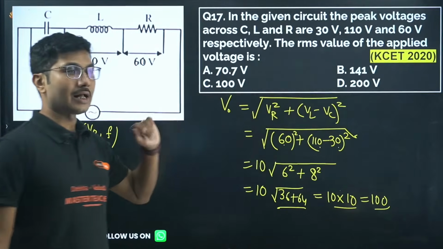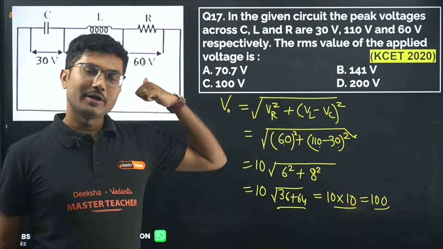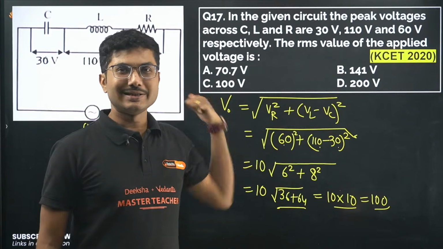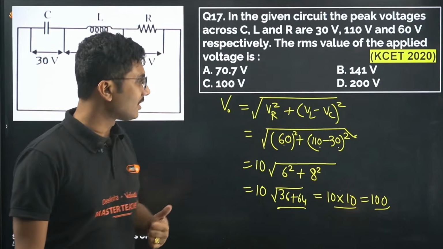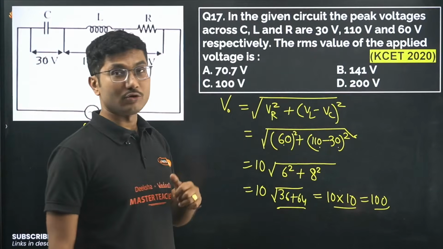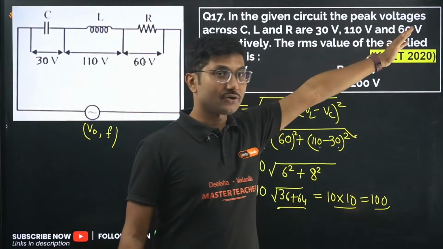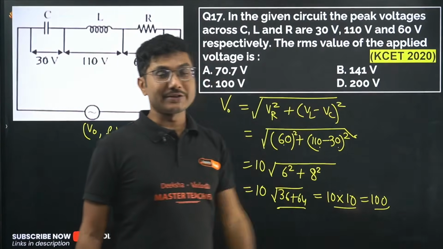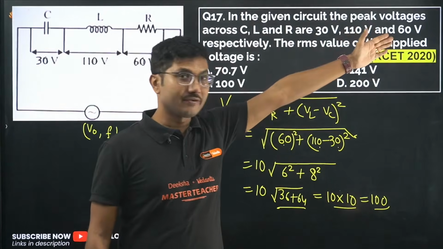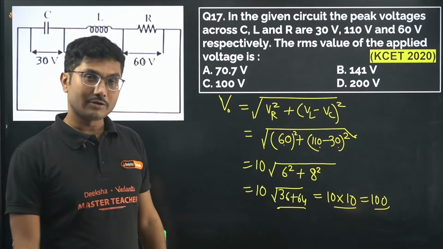Now this is not the answer. If you solve up to this point and mark 100 volt, you will get 0 marks. This is definitely not the answer. Why? Because this is the maximum value or peak value of the voltage, not the RMS value, since the question mentions peak voltages. If peak voltages are given, you calculate the peak voltage of the source also. This is not the RMS value.